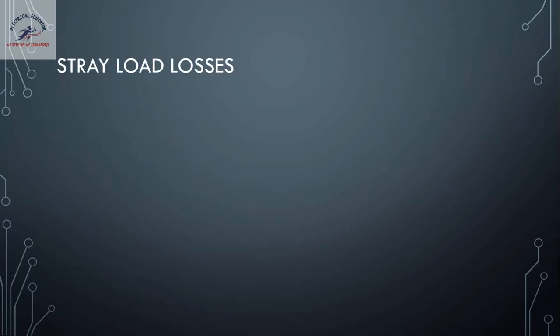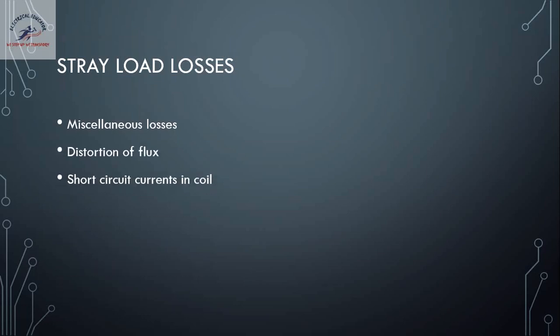Next, there is one more loss called stray load losses. This is called miscellaneous losses. Any other losses in no load condition, if they occur, which are not discussed previously. These are the extra losses that occur because of distortion of flux, or because of some short circuits in the coil.